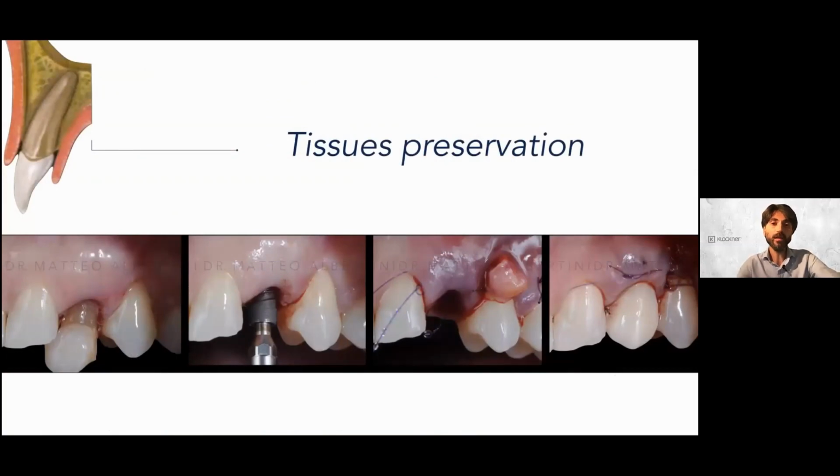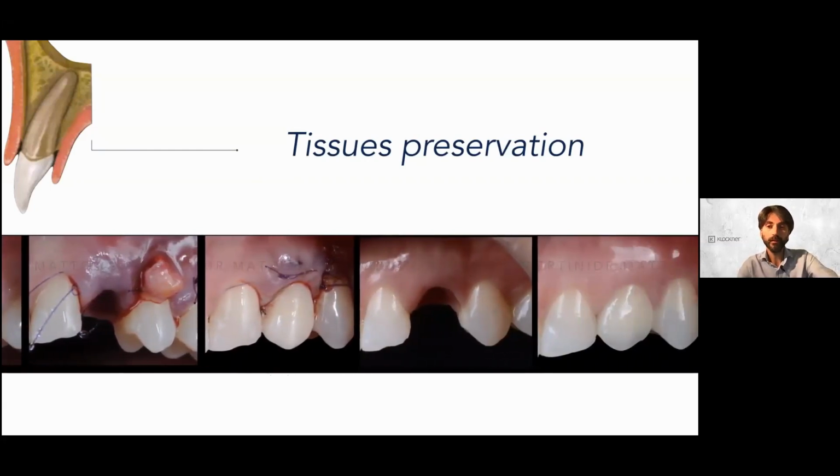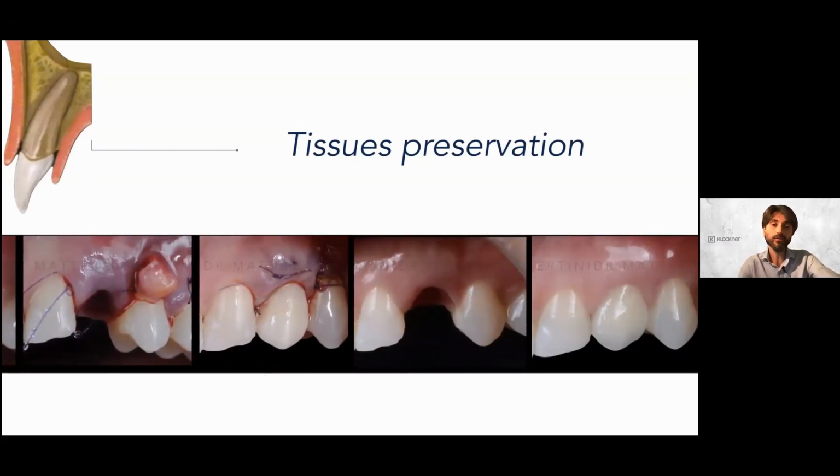So in these favorable situations, we only have to preserve the tissues and also to put the implant in a good position, the perfect three-dimensional position of the implant. And to preserve the tissues, we do know that it's not enough to put the implant. And in most of the cases, we have to use soft tissue graft and as well particulate bone substitutes.